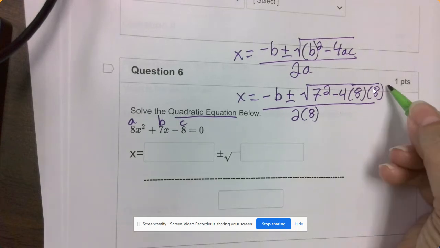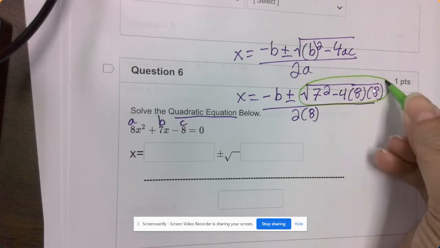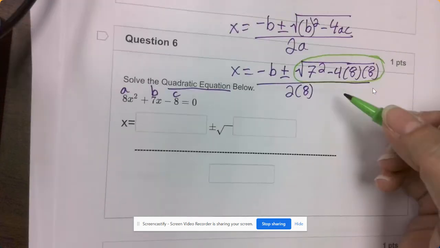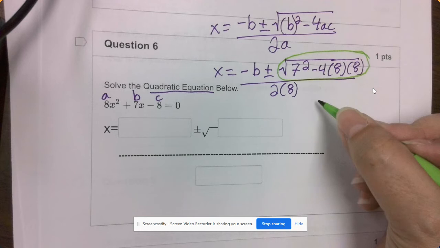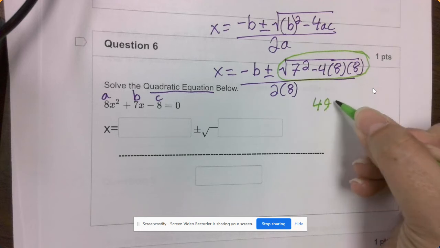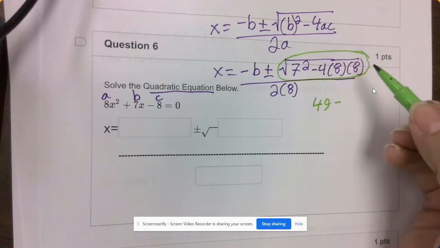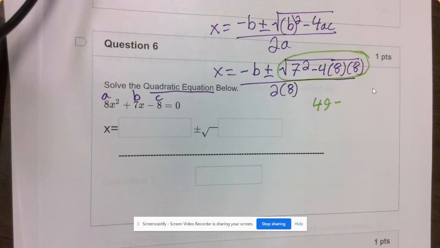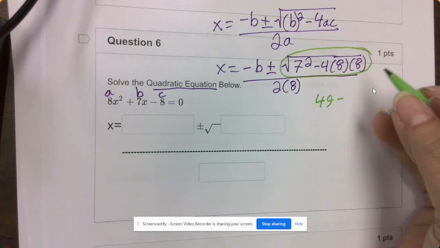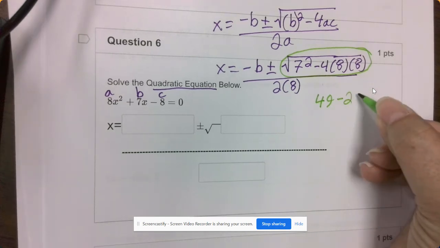This is the part we solve first. So 7 squared is 49. Negative 4 times 8 times 8 is going to give us negative 256.